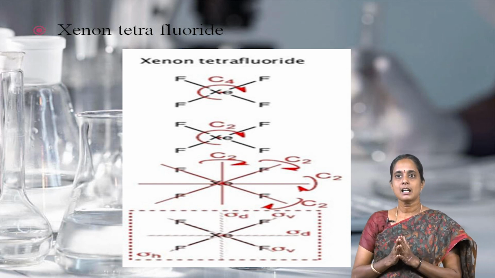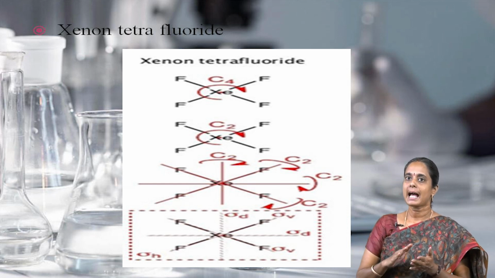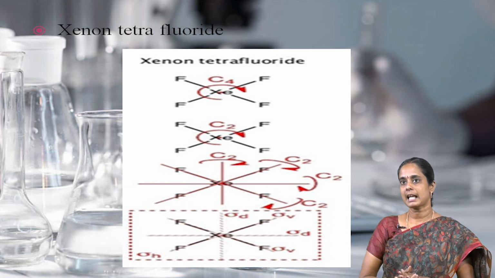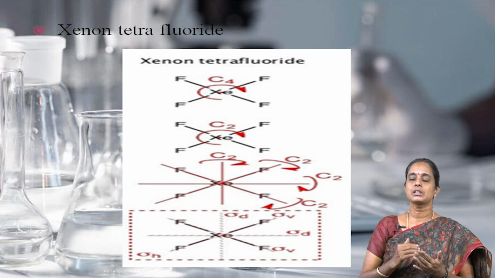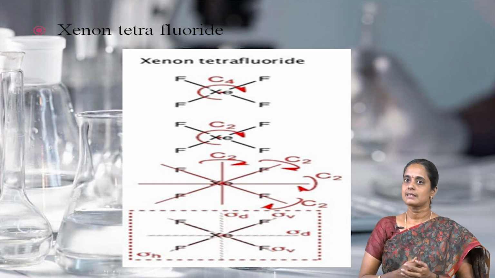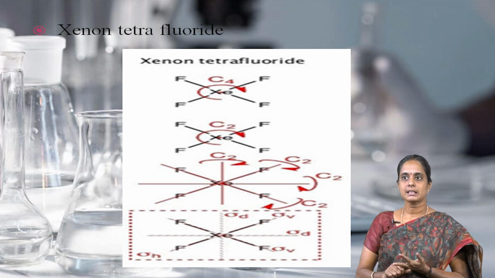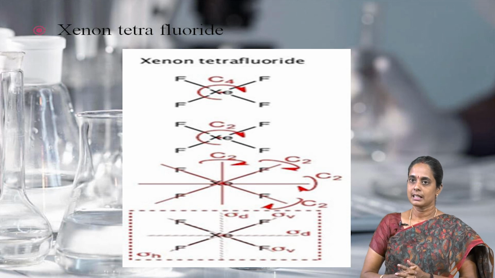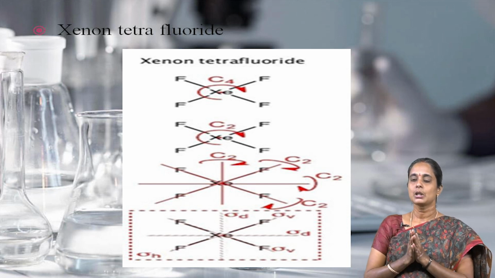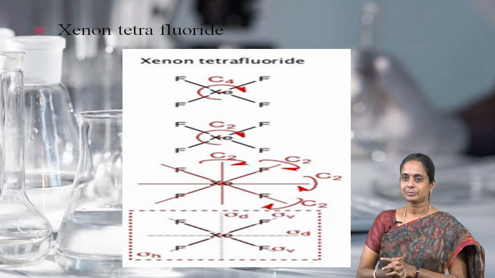It also has two planes parallel to the principal rotation axis and bisecting the angle between two C2 axes, that is sigma d, and one plane of symmetry perpendicular to the principal rotation axis, that is sigma h. So xenon tetrafluoride has two sigma v planes of symmetry.